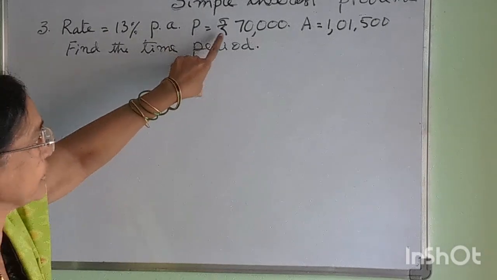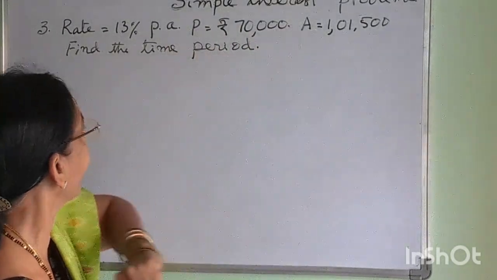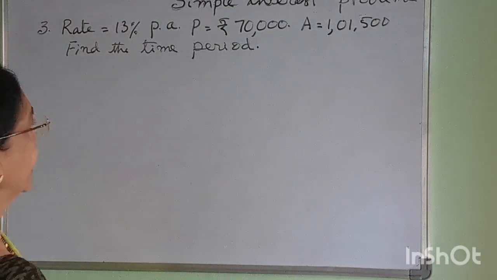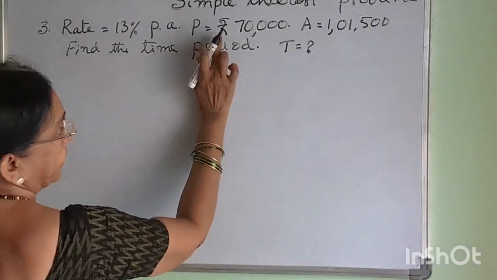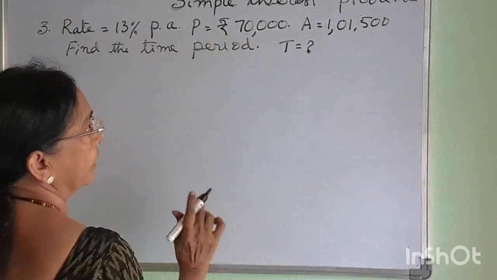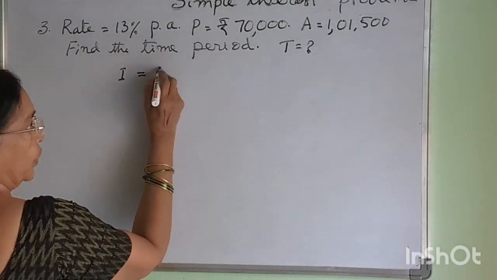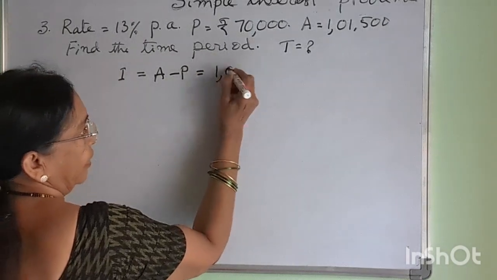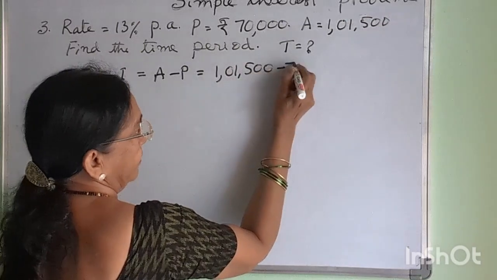Next problem: rate is equal to 13% per annum, principal is equal to rupees 70,000, amount is equal to 1,01,500. Find the time period, that is T. Here, principal and amount are given. Therefore, we can calculate the interest. Interest is equal to amount minus principal, that is 1,01,500 minus 70,000.